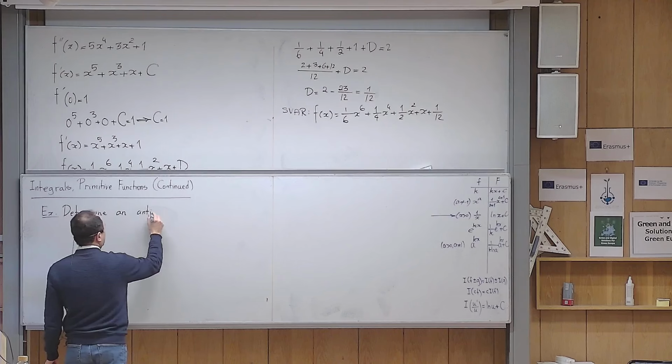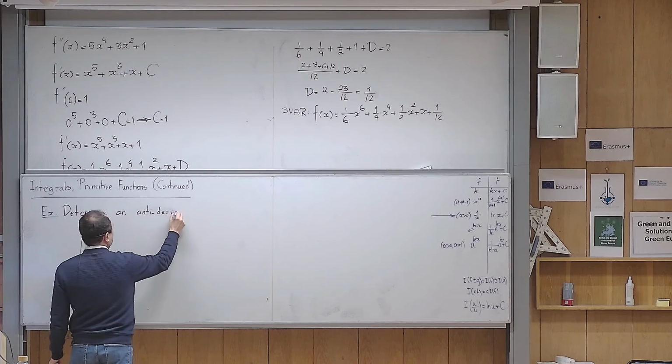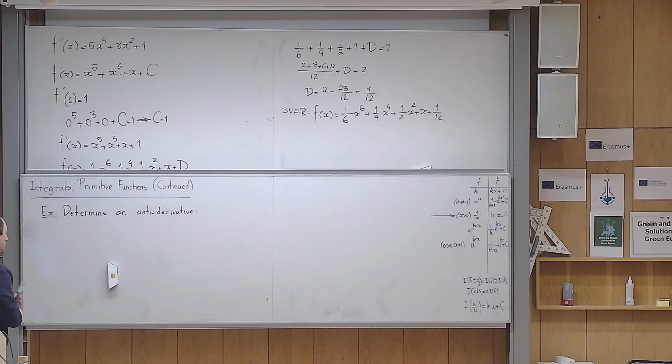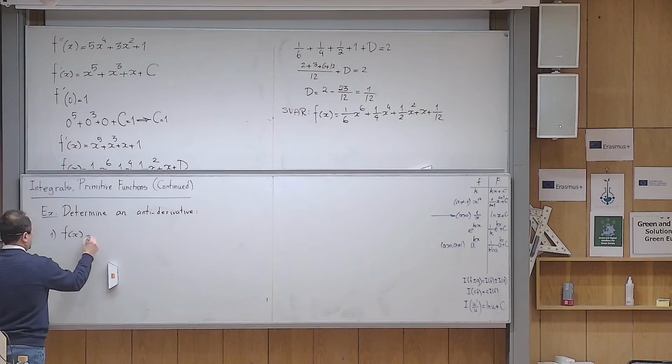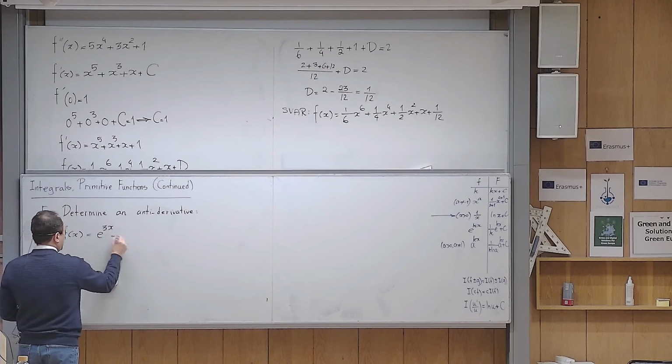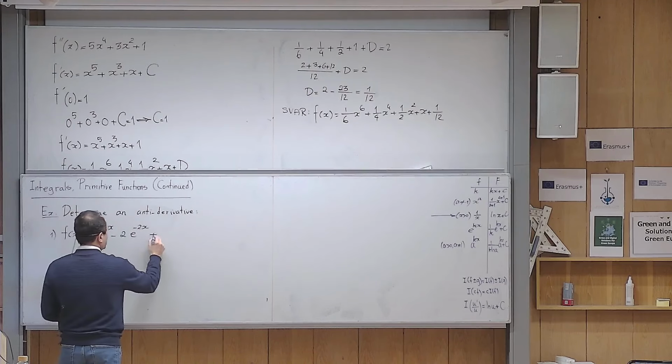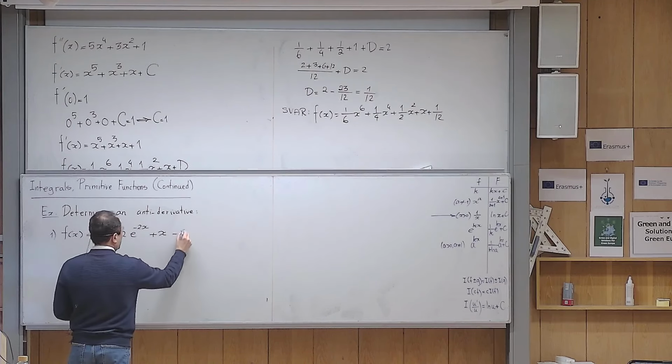Determine an antiderivative. So number one, f of x equals e to the 3x minus 2e to the power of minus 2x plus x minus square root of 2.